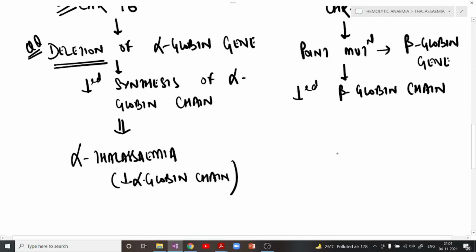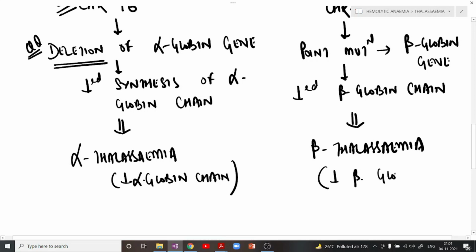Whereas individuals who have point mutations involving the beta globin gene are going to suffer from beta thalassemia, which is characterized by a decreased amount of beta globin chain. So this is what is basically happening in thalassemia.